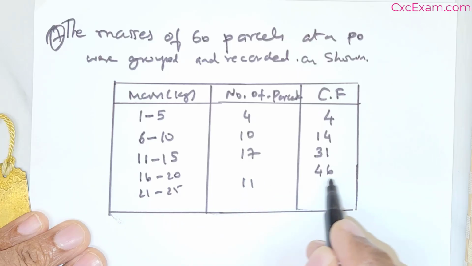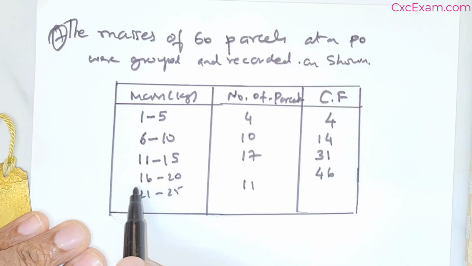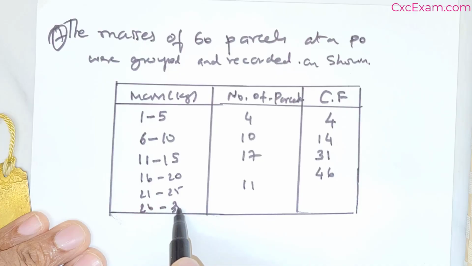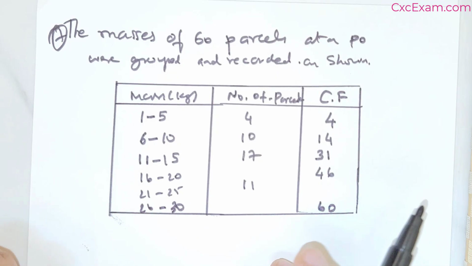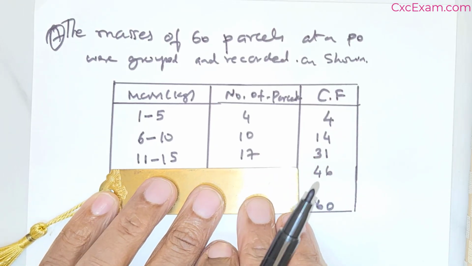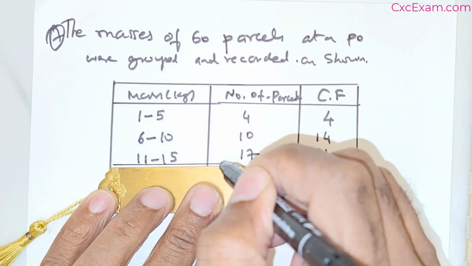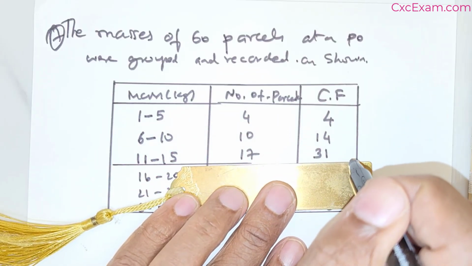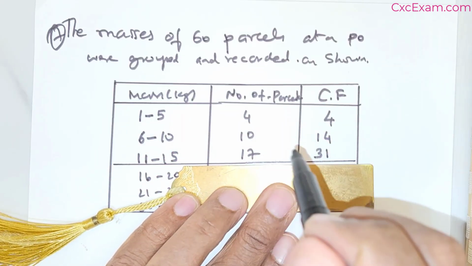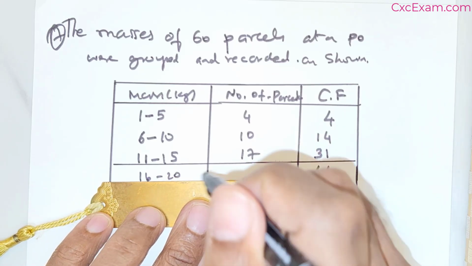We are not given anything here. So next is 26 to 30. We are not given anything here, but we are given 60. So to show it explicitly, let me draw the demarcation line so that you have an idea of what is going on.